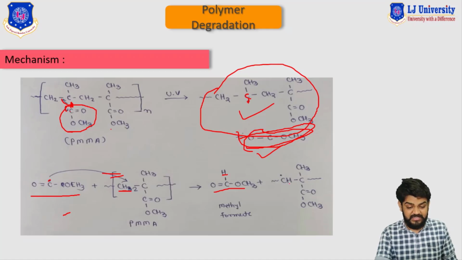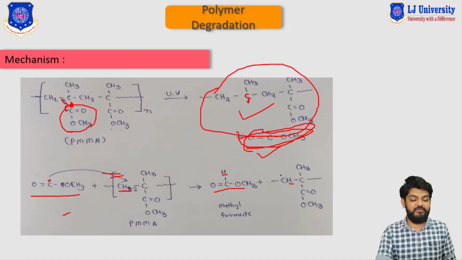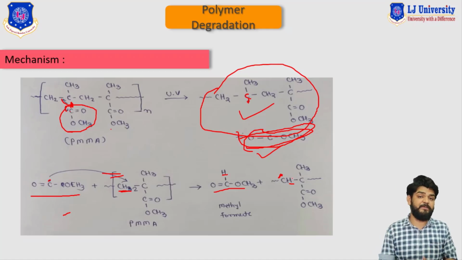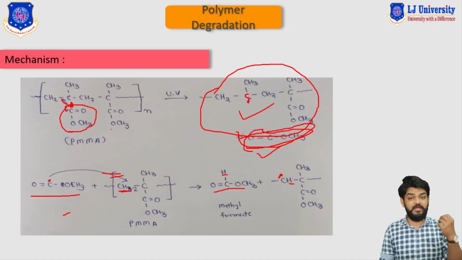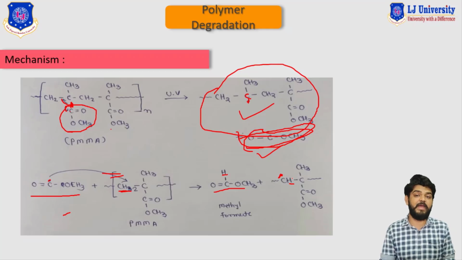Here you can see we have a deficiency of hydrogen. Here we had CH2, but now we are left with only one hydrogen, and the free radical has moved to this particular carbon. So this is what happens when one of the products from the photo degradation goes through a degradation process with one more molecule of the PMMA.